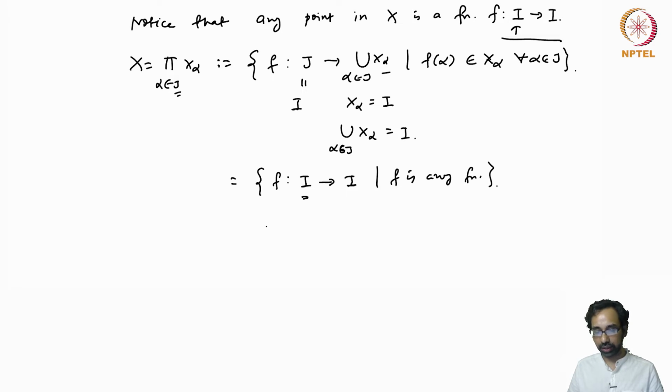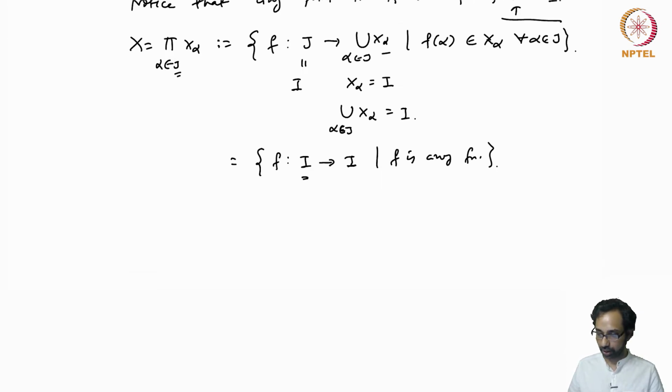So this is the set of all functions from the unit interval to itself, whether continuous or not. And so now we will use this interpretation to construct a sequence of functions which will have no convergent subsequence.